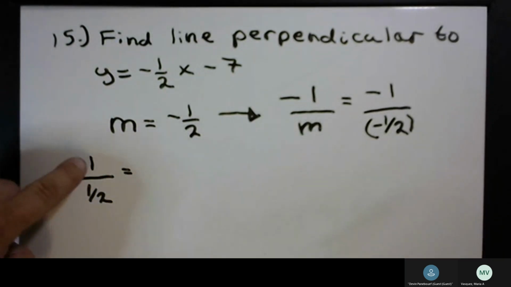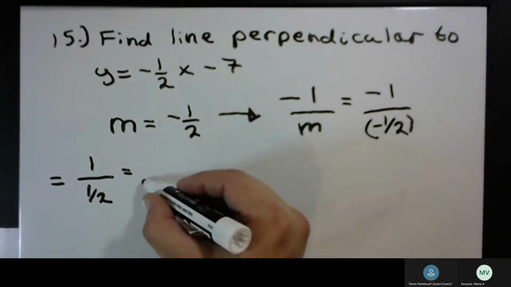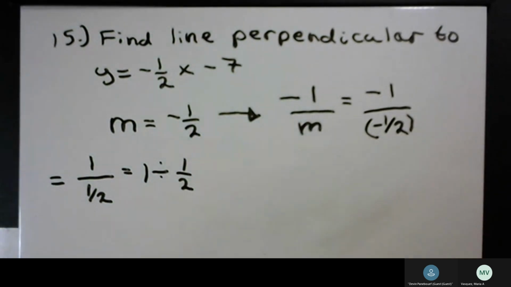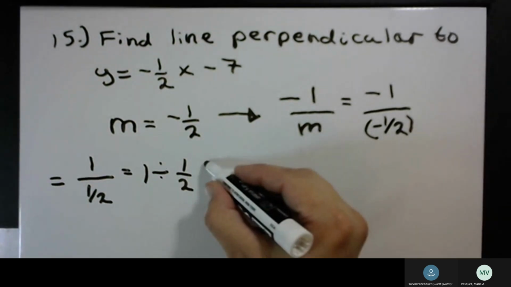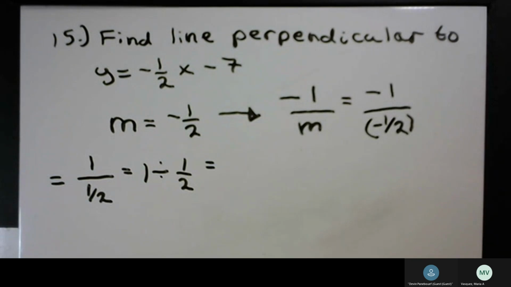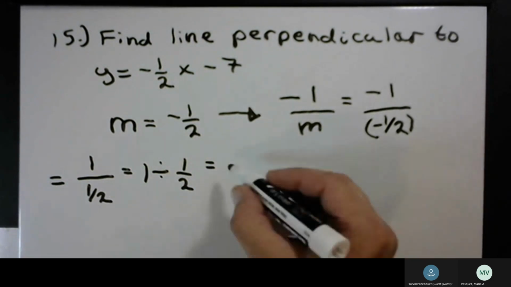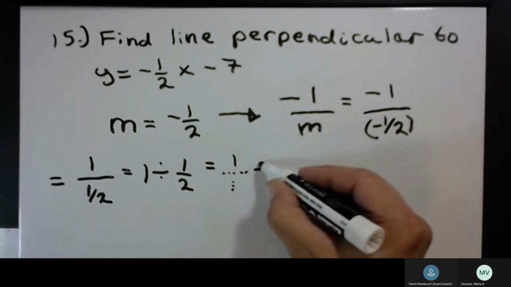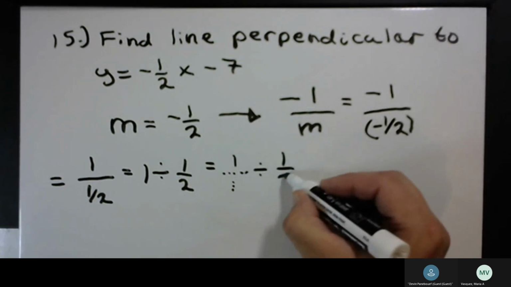And whenever you have something over something else, that just means division. This is a fancy way of saying division. So we've got fraction division. So 1 with that invisible 1 divided by 1/2.